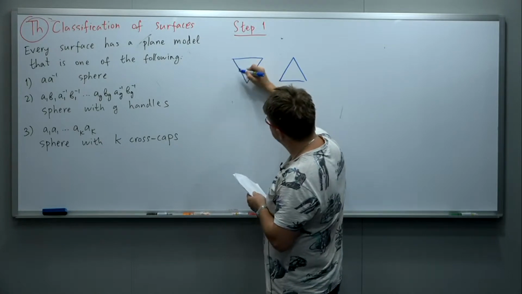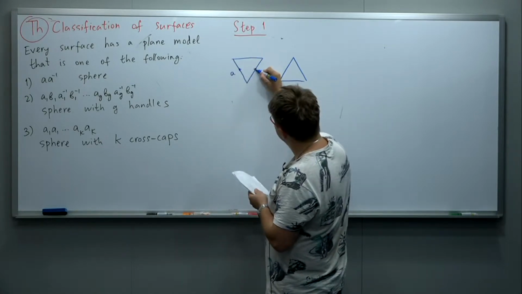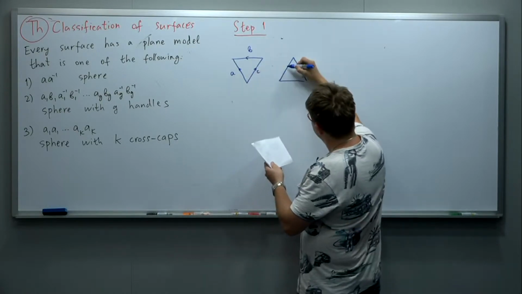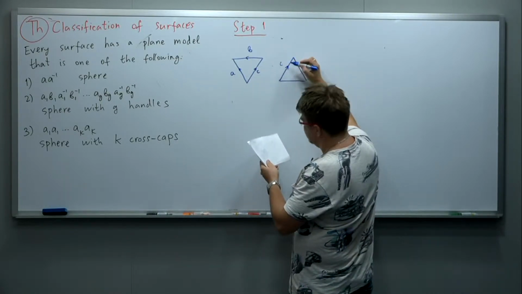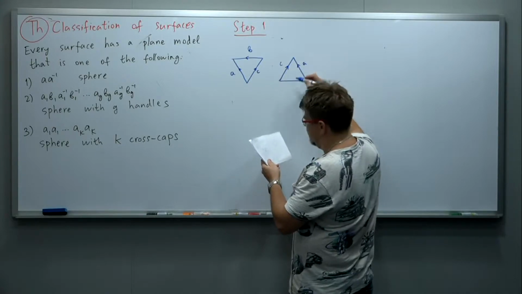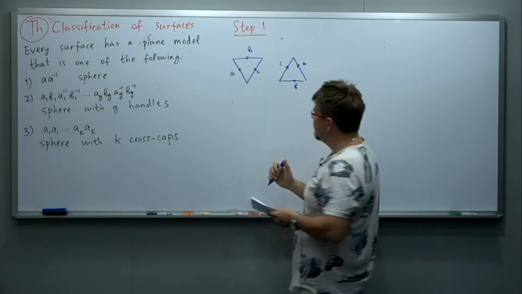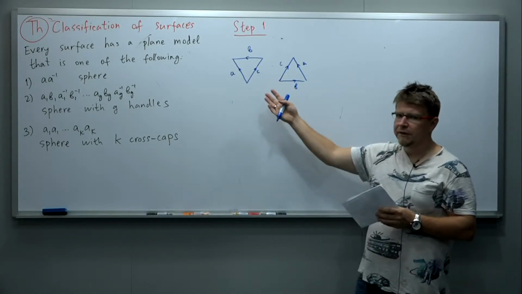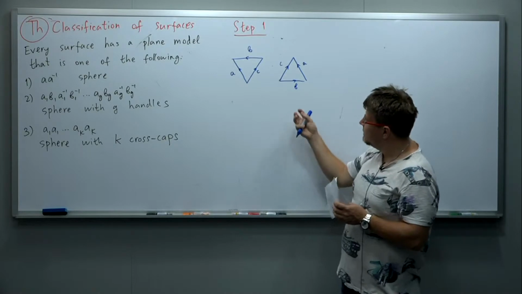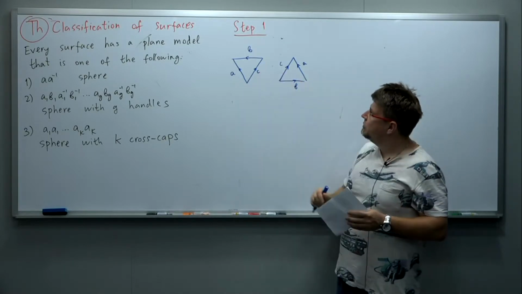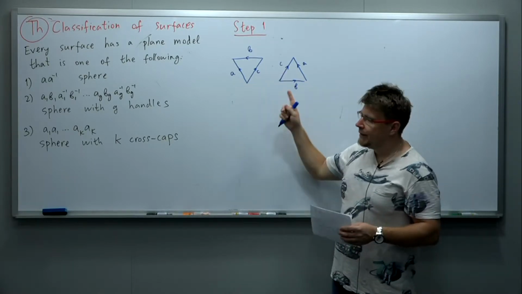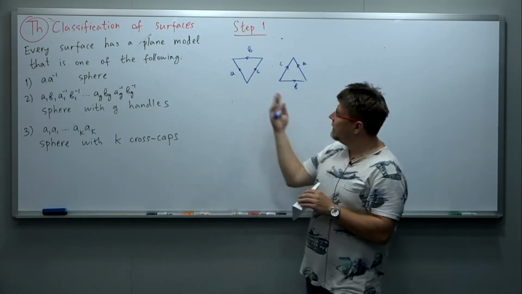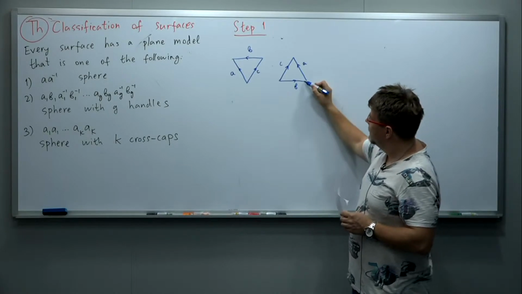This is going to be A, C, B. And this is going to be C, A, B. It means that it is possible to recover the original surface from these two triangles by just gluing C to C, B to B, and A to A. But this is not a plane model yet. A plane model is a single polygon. Now, how can we construct a plane model out of this?